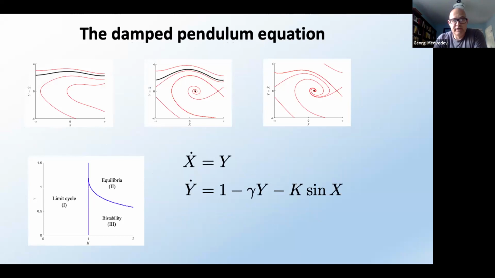Basically, there are two possible attractors here. It could be a stable limit cycle or a stable focus. And then in a certain regime, they coexist so that we have bistability, right? That's basically all the information which we need from the analysis for the group dynamics.